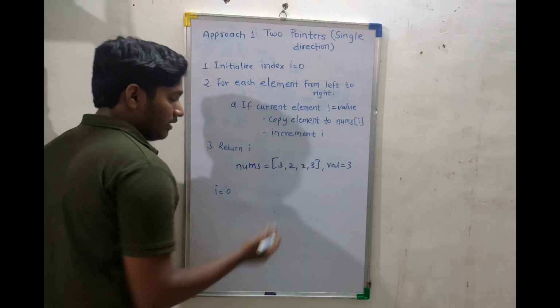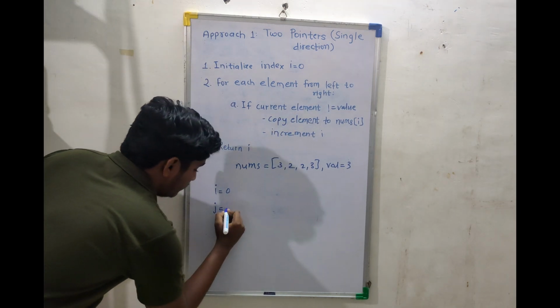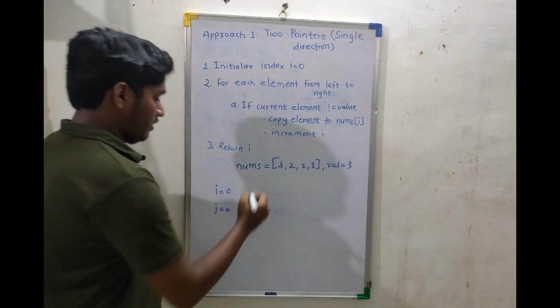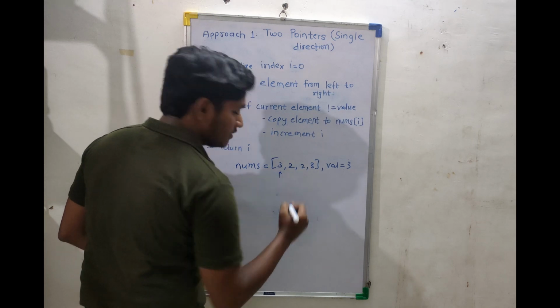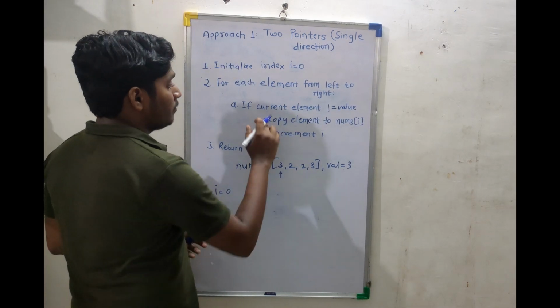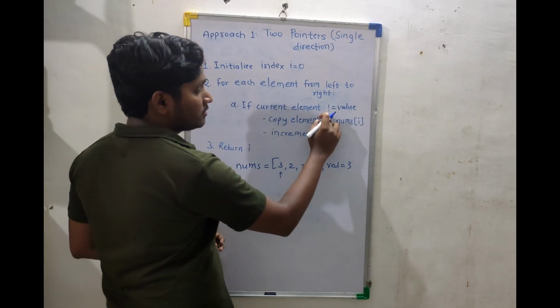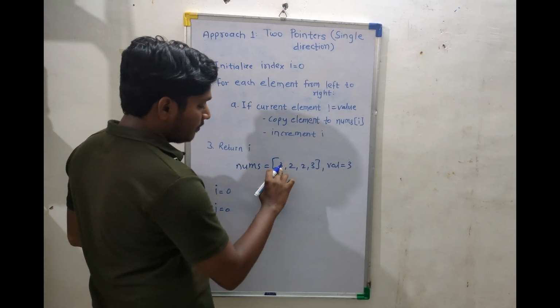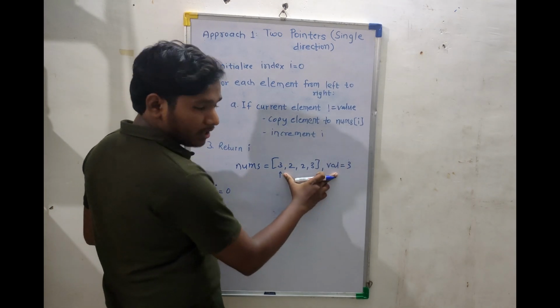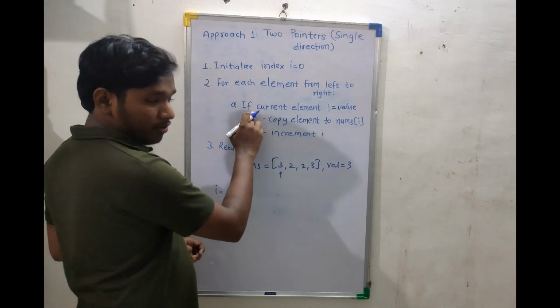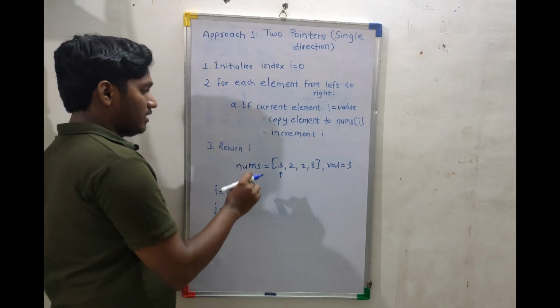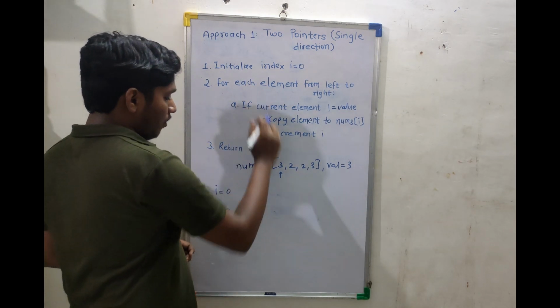In this for loop, j is initially at index 0. We check if the current element is not equal to the value. The current element is 3, the value is 3, and both are equal, so we do not go inside the if. We go back to the for loop.